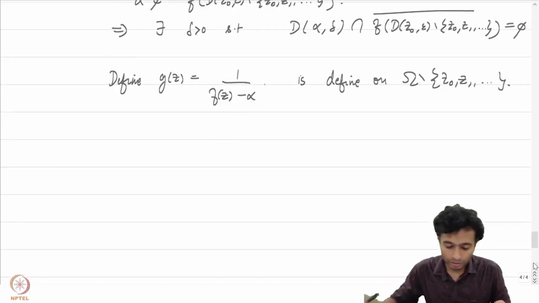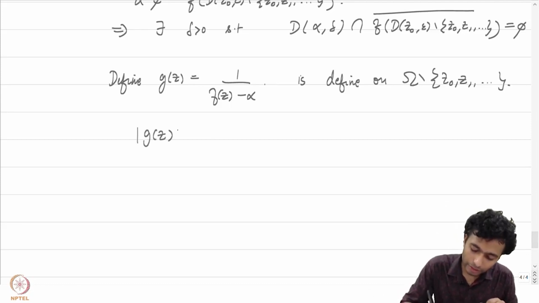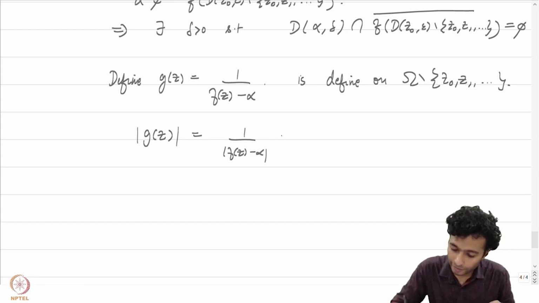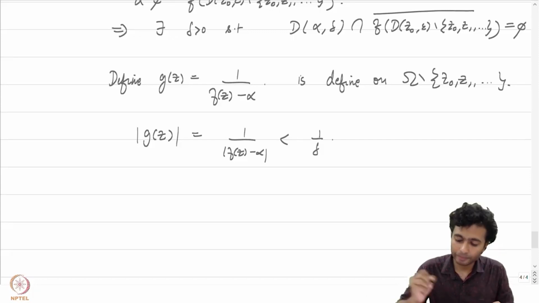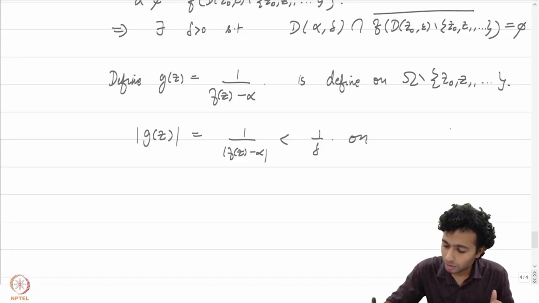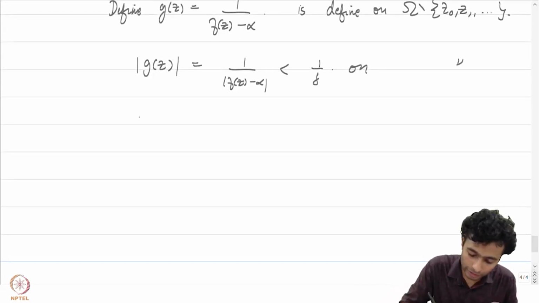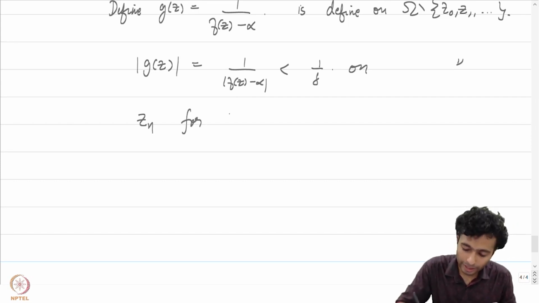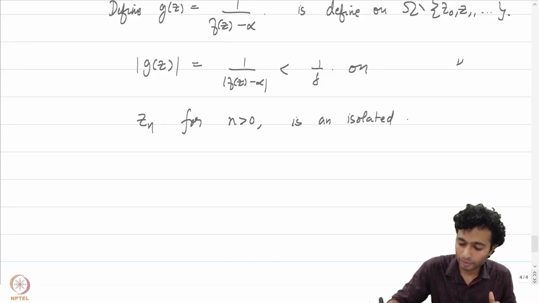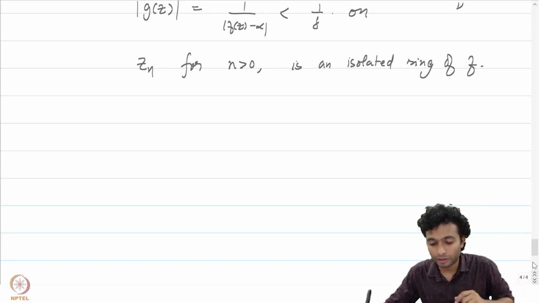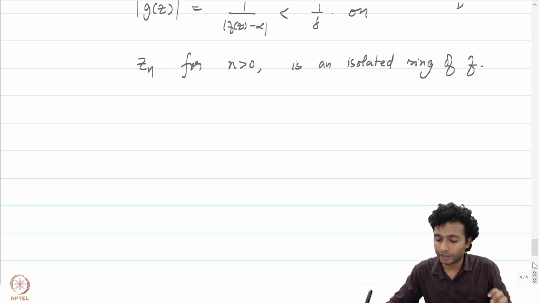Now if you focus on mod g of z, this is going to be the absolute value of 1 by f of z minus alpha, which is in fact less than 1 by delta. So this is bounded on omega minus {z0, z1, z2 and so on}. Also, consider zn for n greater than 0; they are isolated singularities of f, a sequence converging to z0.